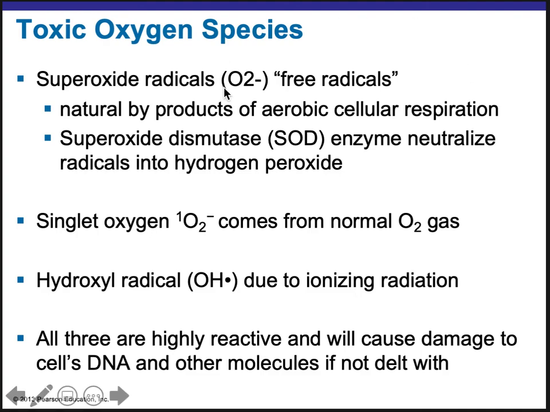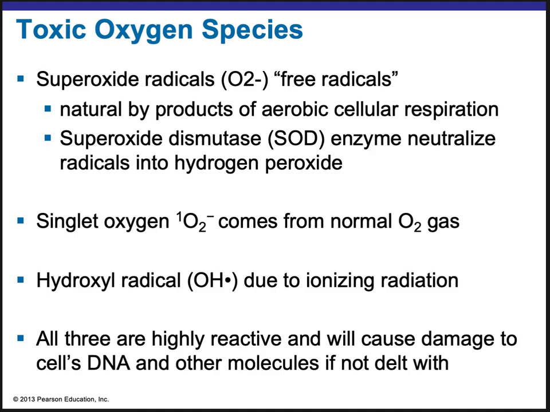So anyways, bacteria, if they are undergoing aerobic cellular respiration, just like any organism, have to have an enzyme to deal with these free radicals that they're making as a side effect of respiration, because free radicals are very damaging. And you've heard people talk about free radicals and needing to have antioxidants to deal with them.